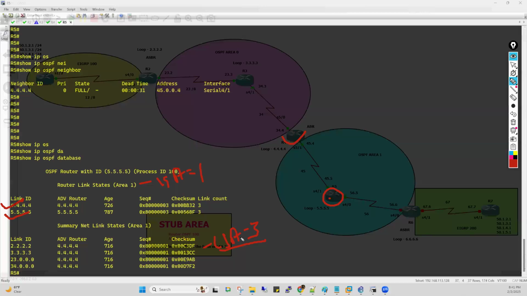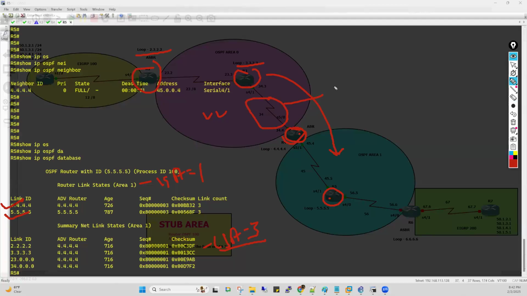Now come here, LSA number 3. So what will this router do? This router will share this area's information here. So in this area, how many routers are there? First is this router. Second one is this network. Third one will be this one also, the 34 network.